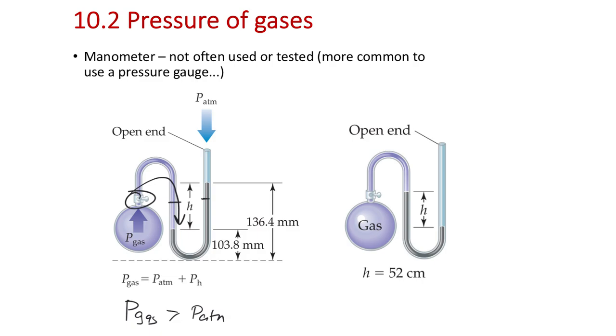Whatever the height differential ends up being, if we take the difference of the height at the top versus the bottom of the column, we can work out the math here. It's just 136.4 minus 103.8. So that works out to be 32.6 millimeters is this difference here.